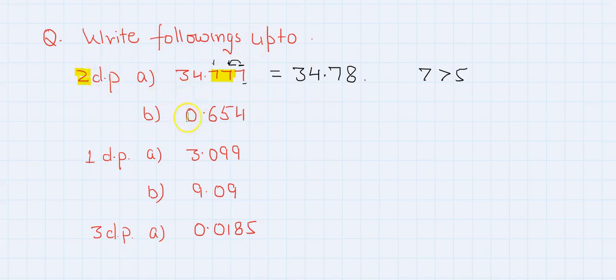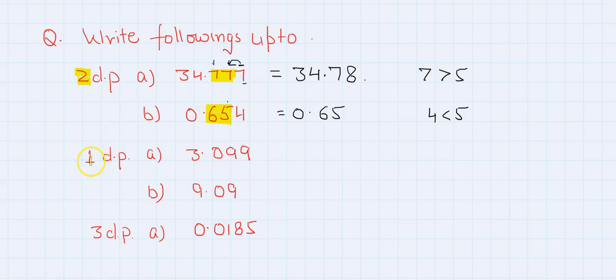Next question is 0.654 round up to 2 decimal places. So we have these decimal places and the next number is 4, and we know that 4 is less than 5. So it will be 0.65. Let's take another example.